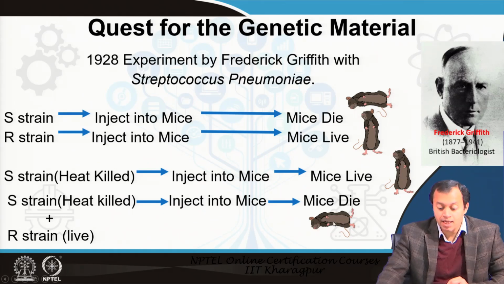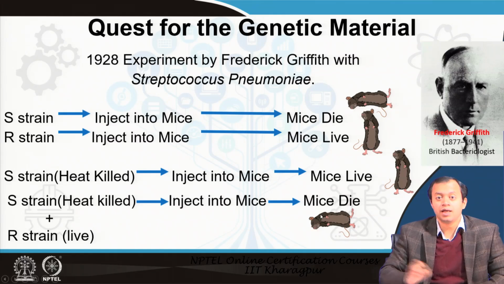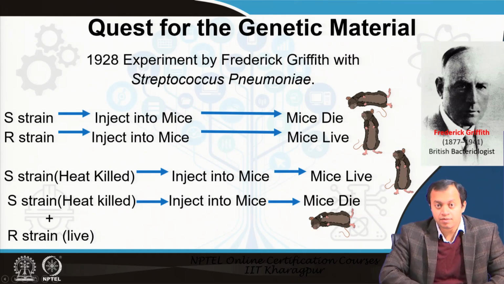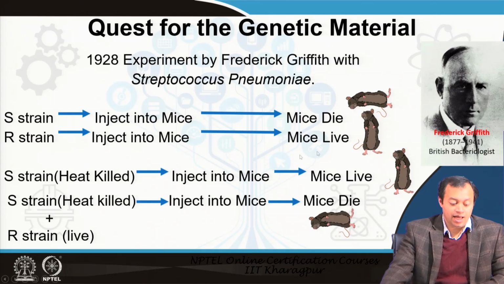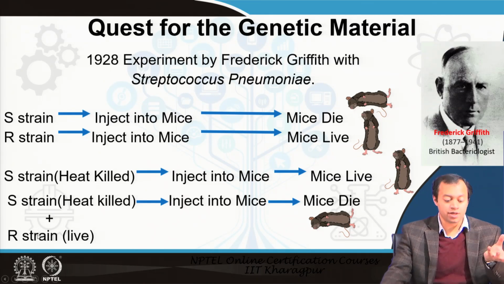Remember, he did not inject any live S strain bacteria inside it. Only live R strain bacteria was injected. R strain bacteria does not kill, dead S strain bacteria also does not kill, but a combination of these two is killing the mice. Moreover, you are finding out that R strain bacteria have transformed into S strain.